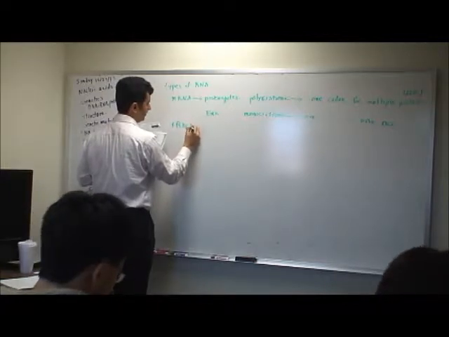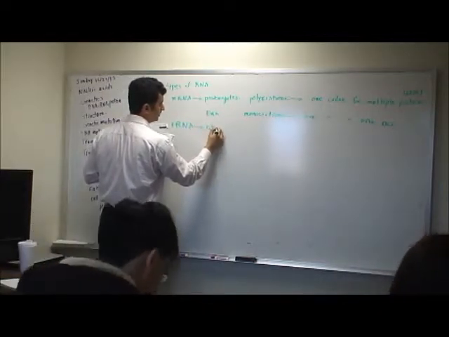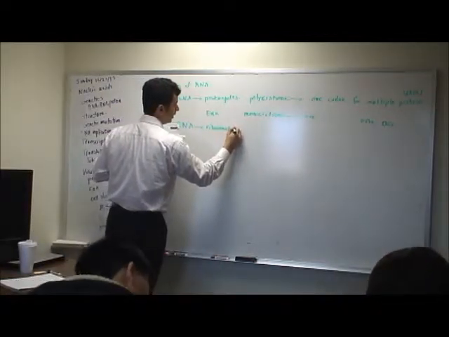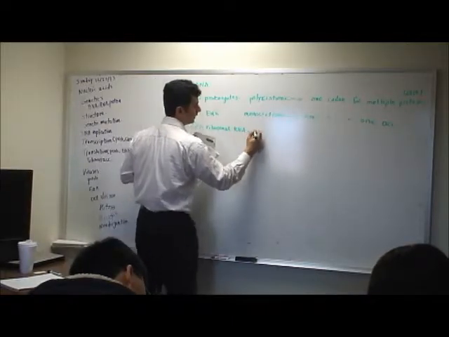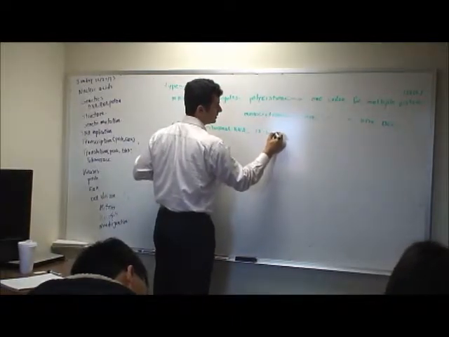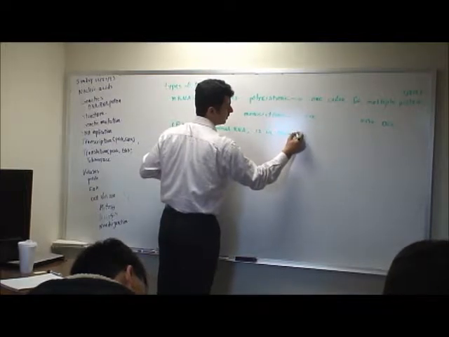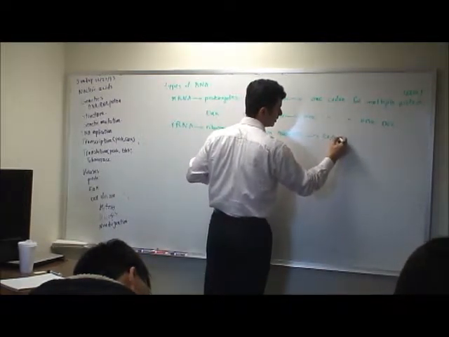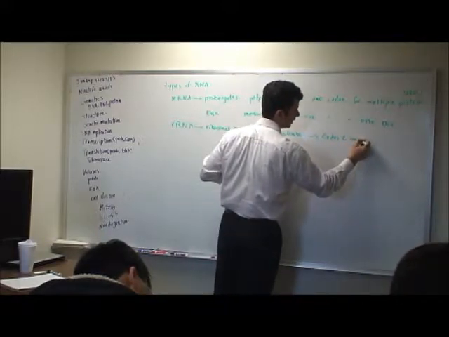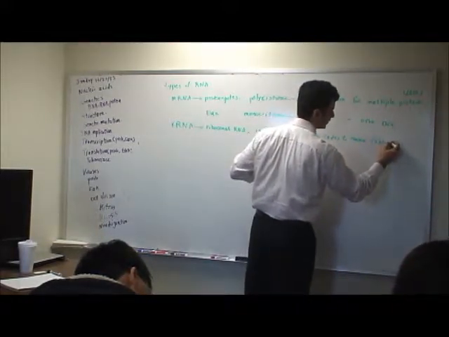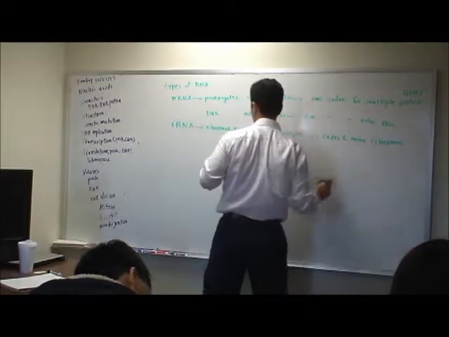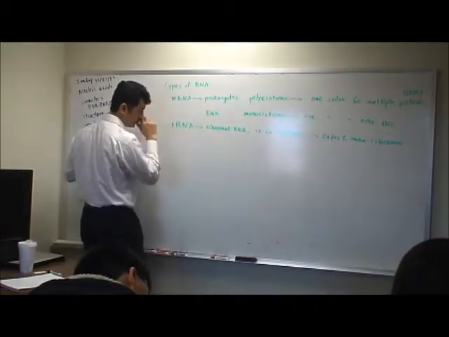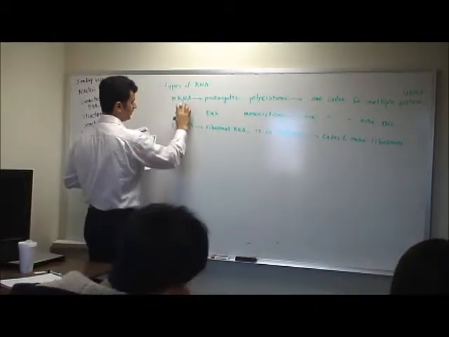Now that I have them here, rRNA is ribosomal RNA. It is in the nucleolus, and has the codes to make ribosomes. I want to add a little bit more on mRNA.